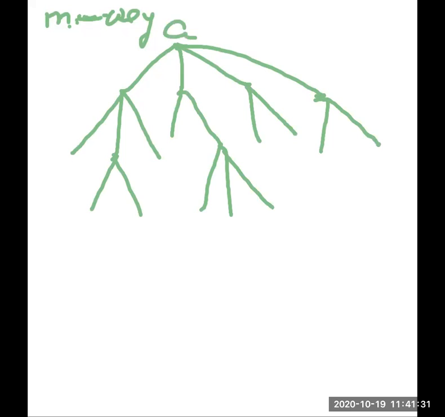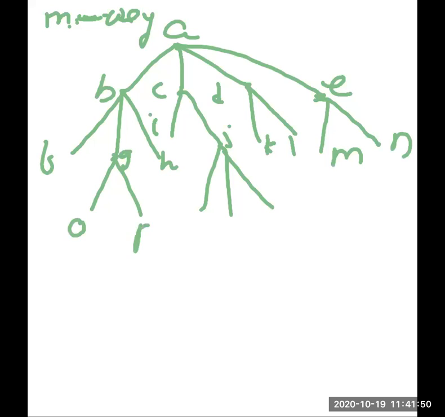This is a tree. A, B, C, D, E, F, G, H, I, J, K, L, M, N, O, P, Q, R, S. Now we look at the branch factor of the tree.